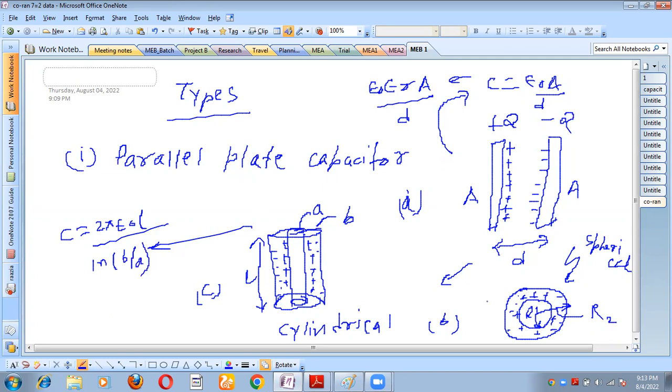If we talk about a spherical capacitor, suppose the outer radius is R2 and the inner radius is R1.